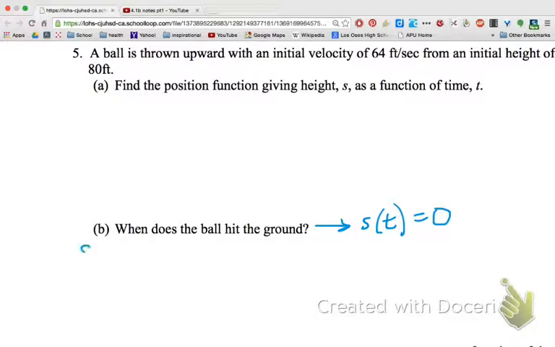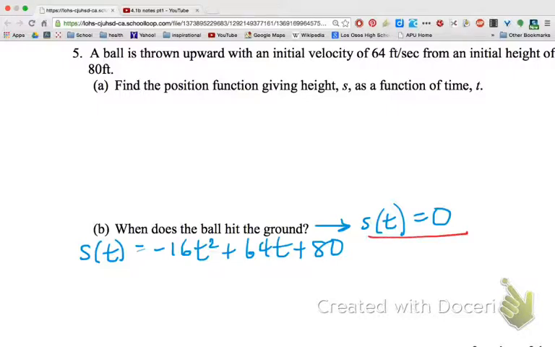So I just found the position function, which was this. And so if I substitute this in, I'll have 0 equals, and so then I have a quadratic, and I can do some math magic on that.